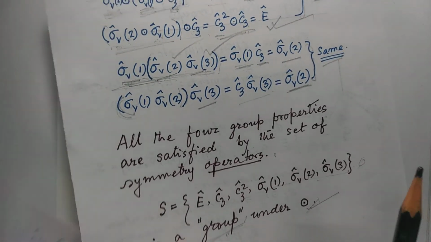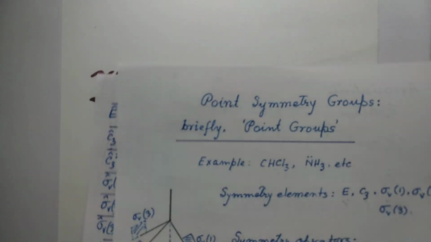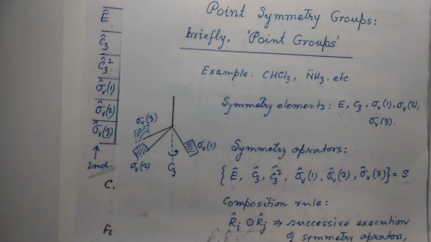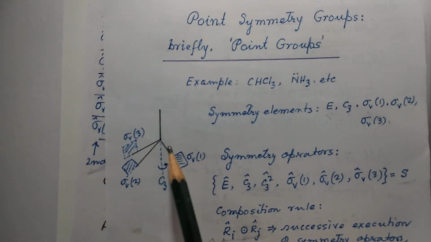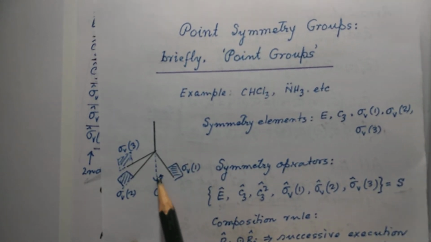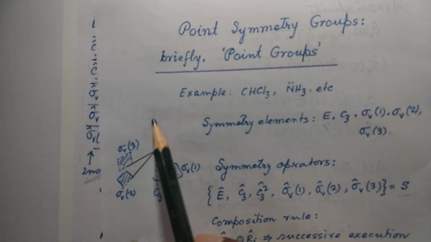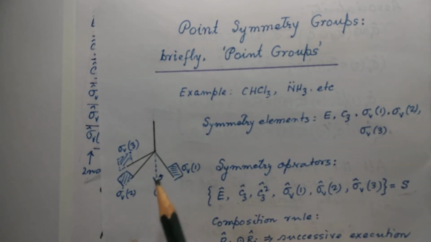Why? Because these operators keep at least one point of the object unchanged, unmoved. For example, this C3 axis keeps all the points on this line unmoved by a C3 rotation.